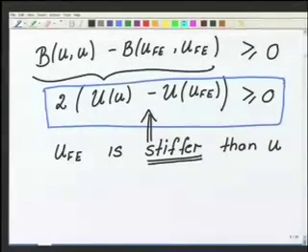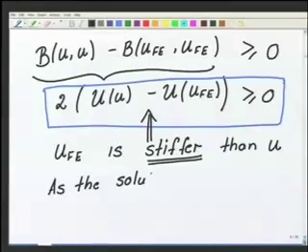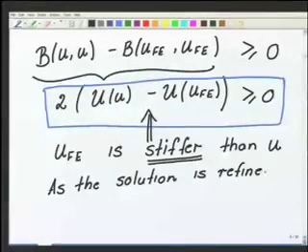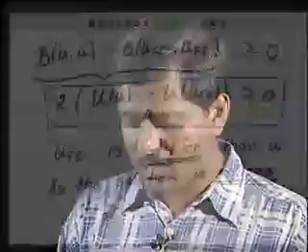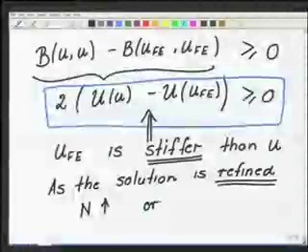So if I have that problem, I solve, then I should see that as the solution is refined, that is, I take more elements in the mesh, that is, n is increased, n is the number of elements, increase n, or I change the p.